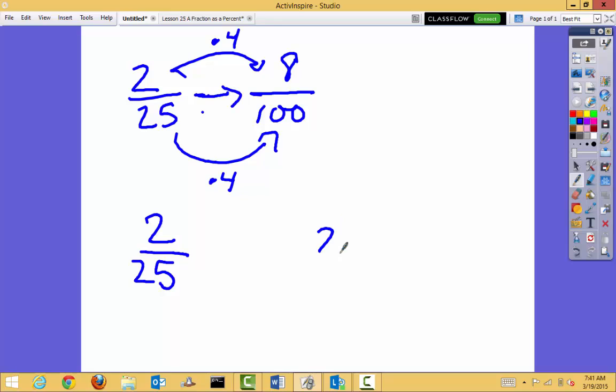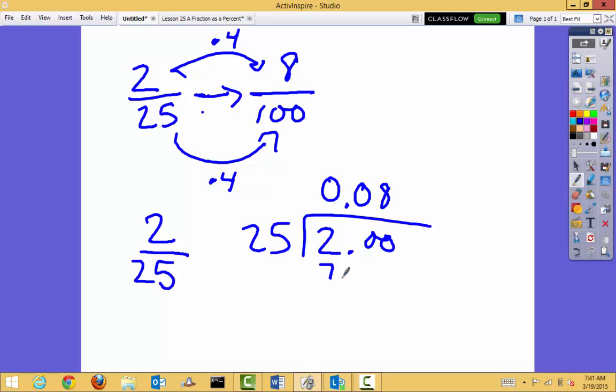So I can do 2 divided by 25. They'll both give me that exact same answer. So whichever method is easiest for you is what you can use. And then I move that decimal spot 2 points over, and I get 8%. When I have a denominator of 100, the numerator is my percent from the fraction. So they both will give you that 8%.